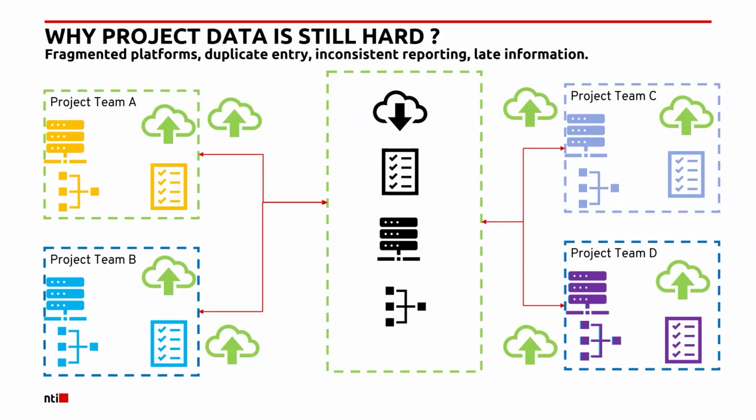The challenge with that is we're not all using the same systems. We then create situations where information has to be duplicated across systems to keep it in sync. It creates an inconsistency in reporting because different systems host information in different ways, and they might have metadata or values that are stored in a different function.